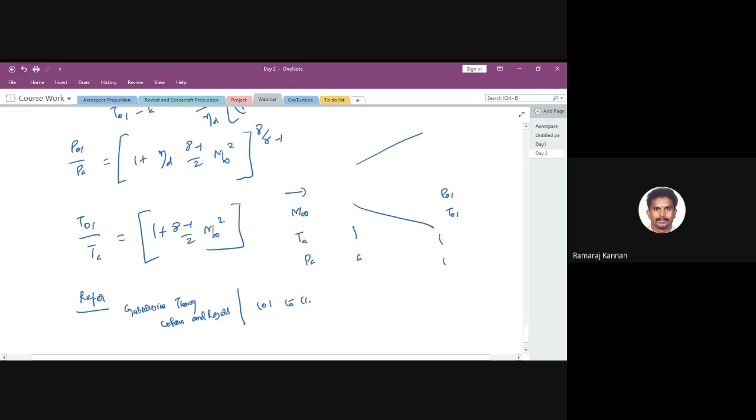If you want to know more about the theoretical aspects, refer to Gas Turbine Theory, pages close to 110. If you refer to these pages, you are going to get a lot of theoretical insight.